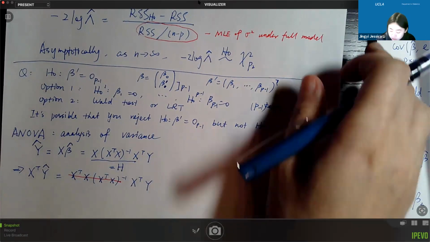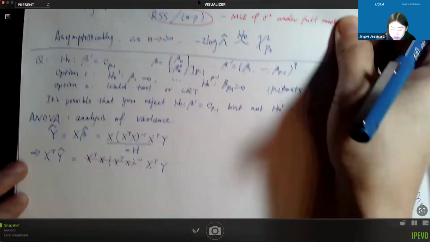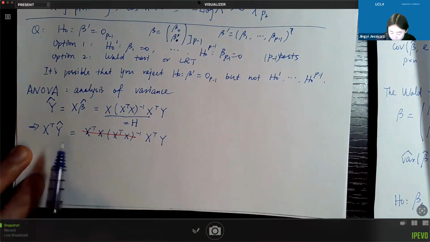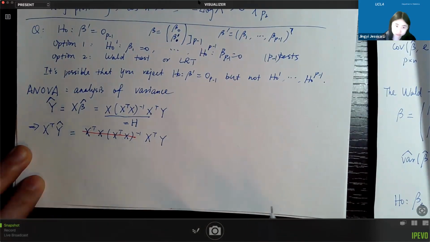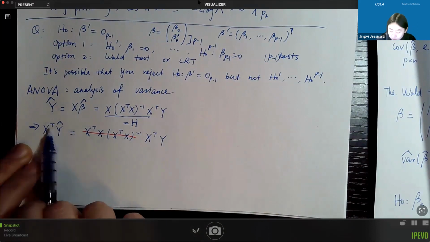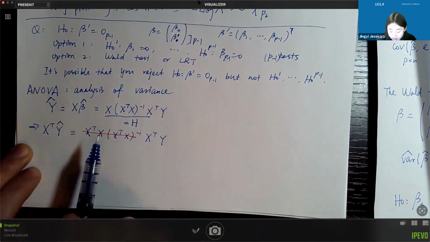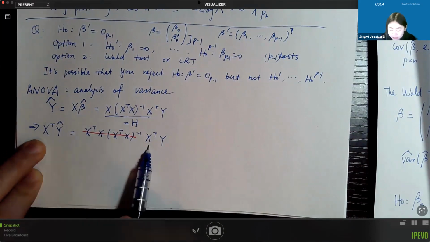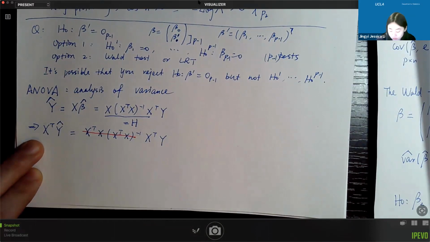So I have this nice equation, X transpose y equals X transpose y hat. Regardless of using y or y hat, if you do X transpose, you get the same thing. These are two p-dimensional vectors, and they are the same.